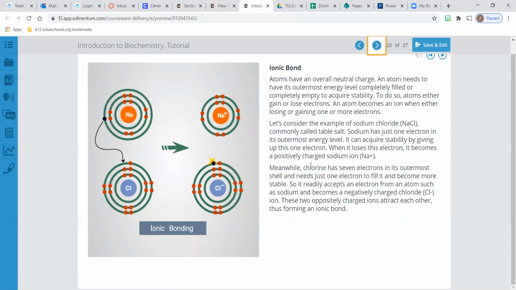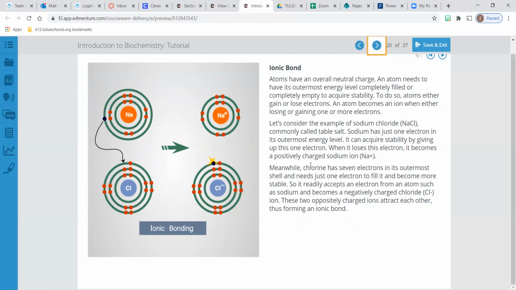However, ionic bonds are a little bit different. Since atoms have an overall neutral charge, the outer energy level has to be completely filled or completely empty.